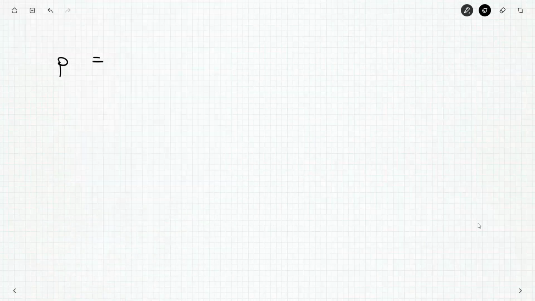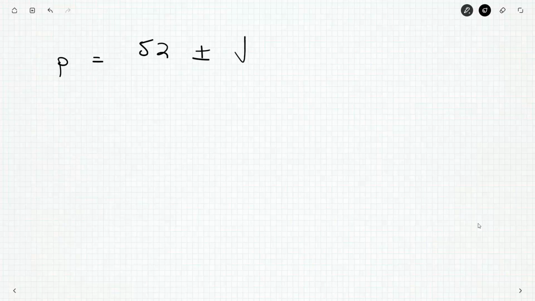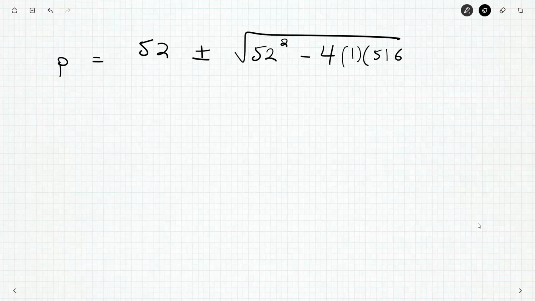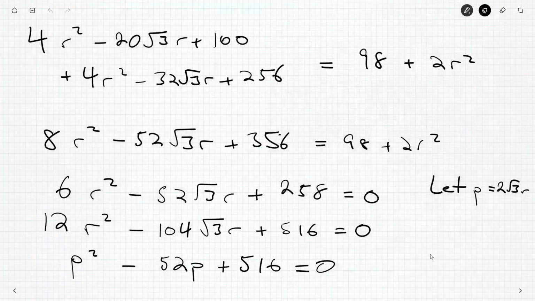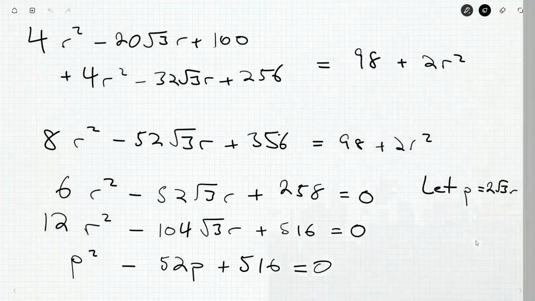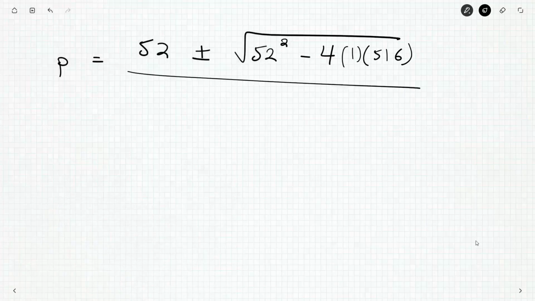So p is equal to negative b plus or minus square root. I'm not even going to bother to see if I can factor that because the numbers are just weird. 52 squared minus 4, a is 1, and c is, I think it was 516. Let's just quickly go back and check that. Yep, 516. All over 2a, so that'll be 2, so we can divide that by 2, get 26 here.